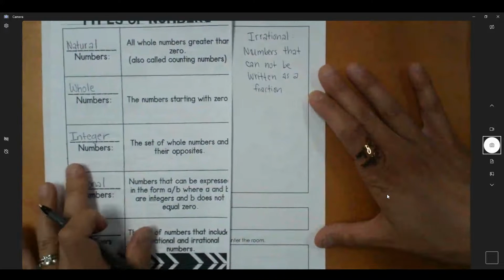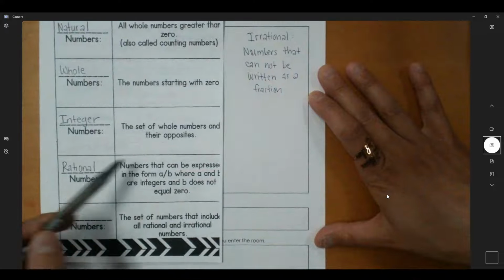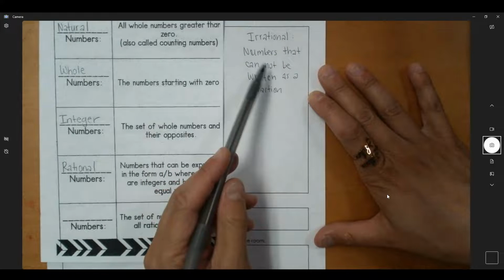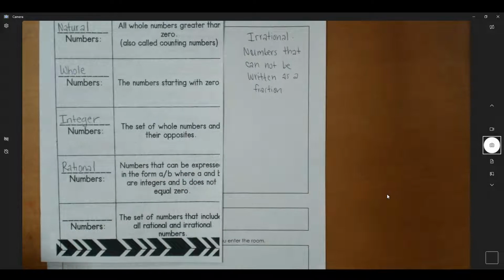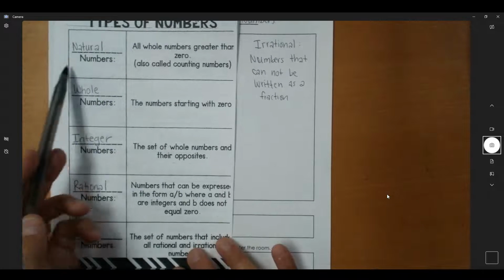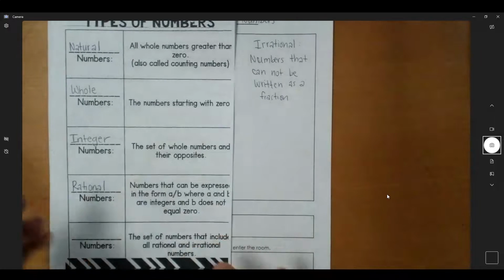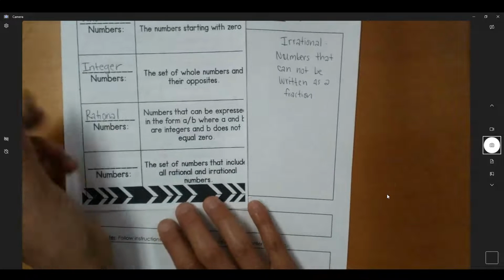Okay, so it's the opposite of rational. Rational can be written as a fraction. Irrational cannot be written as a fraction. So we'll go over examples of that. And then all of these numbers, natural, whole number, integer, rational, irrational, they're all considered real numbers.